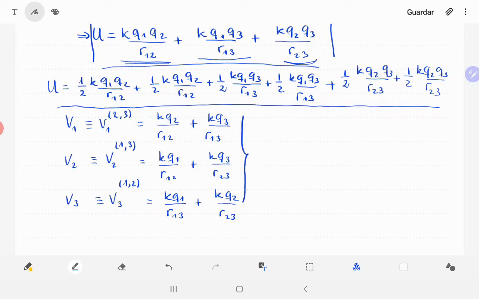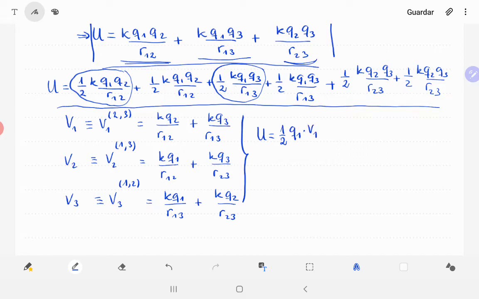Now, using this whole expression and these definitions, we can put U as 1/2 of, we take this one that depends on Q1, this one that depends on Q1, and we say that this is 1/2 of Q1 times V1.